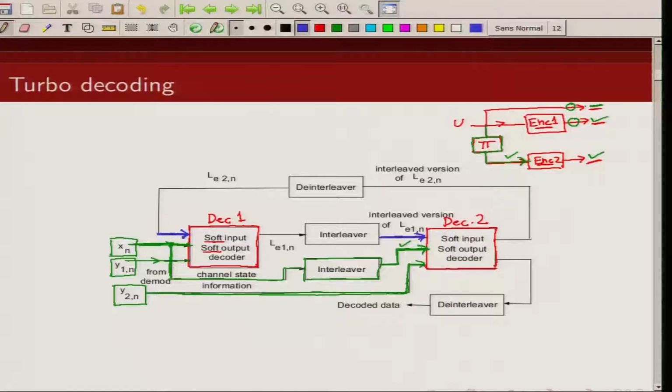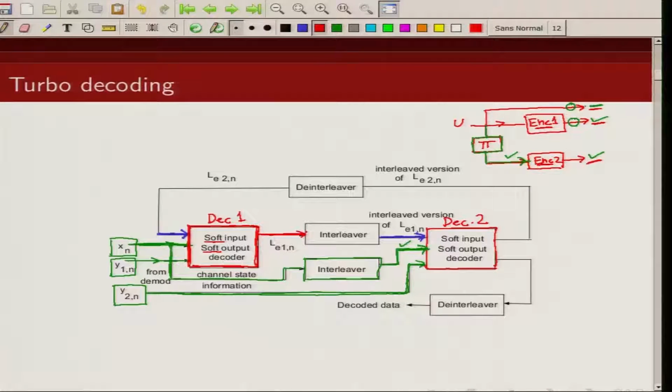Now, once we feed these three inputs to decoder 1, let us pay attention to the outputs of decoder 1. Decoder 1 is giving us what we call extrinsic information.